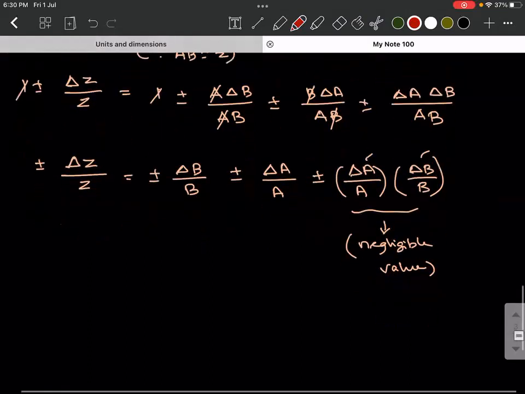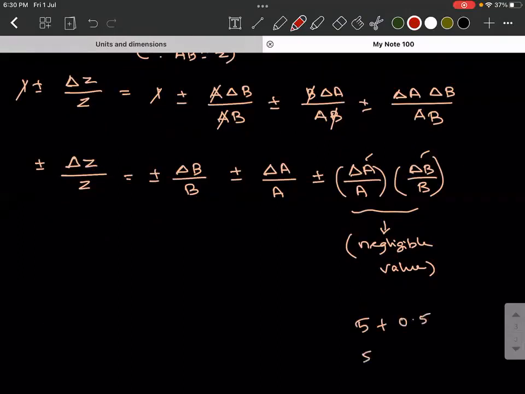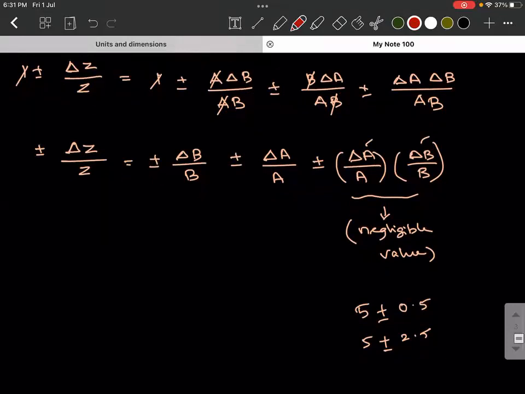For example, when you report a reading as 5 plus or minus 0.5 and 5 plus or minus 2.5, which is the more accurate reading? Which one seems to be more accurate? Please guess. 5 plus or minus 0.5. Why? If I report an answer like this, I'm saying my true value is 5, and the fractional error is plus or minus 0.5.